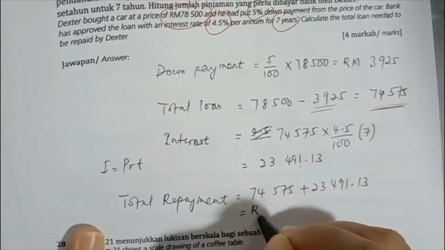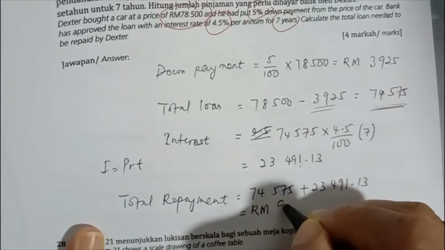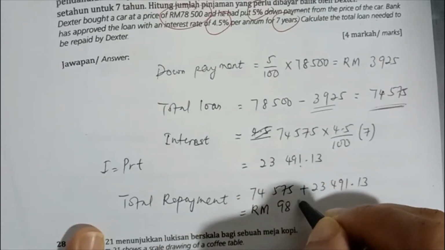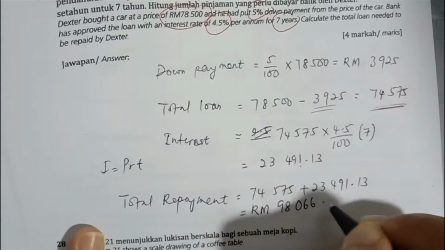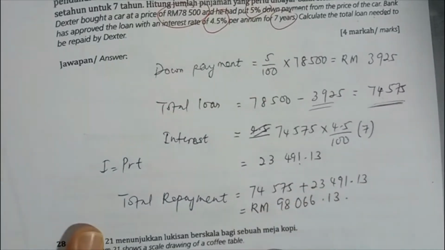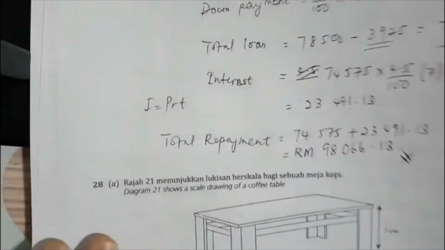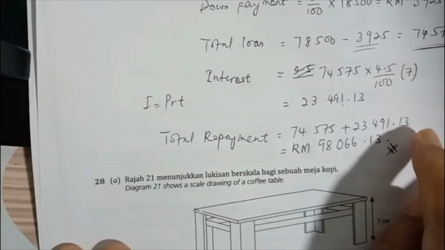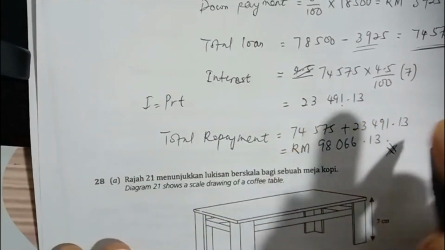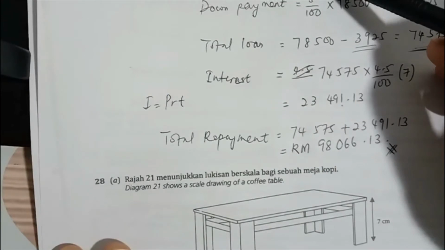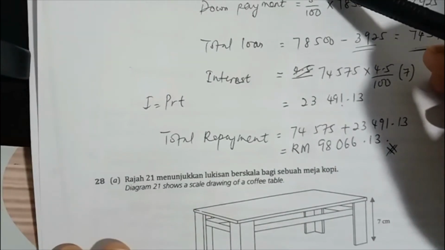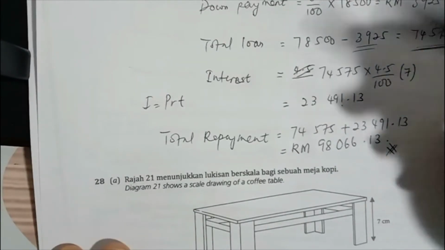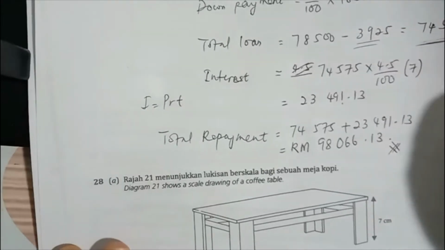So the total repayment is equals to 98,066 ringgit and 13 sen. Okay. So ini. Kalau dia panggil you calculate loan installment. Installment means you ambil jumlah ini divide by how many months in 7 years. So 7 times 12. Okay. So you will get the installment per month.